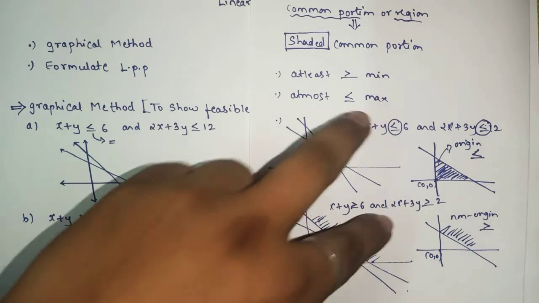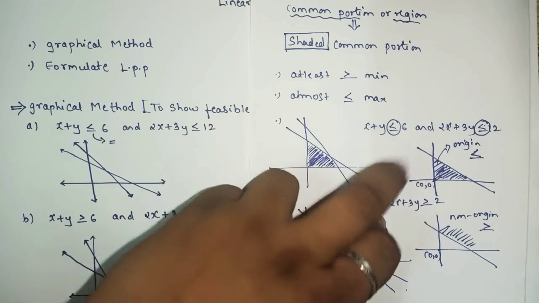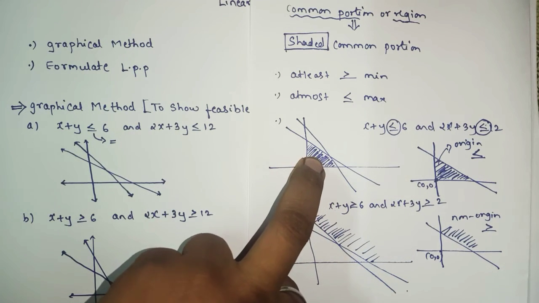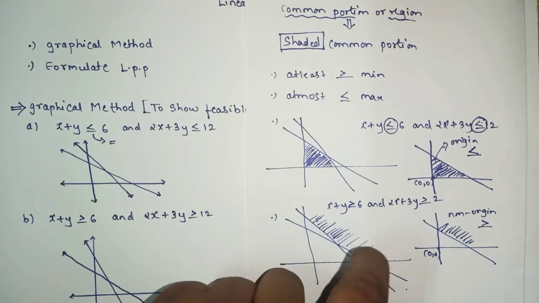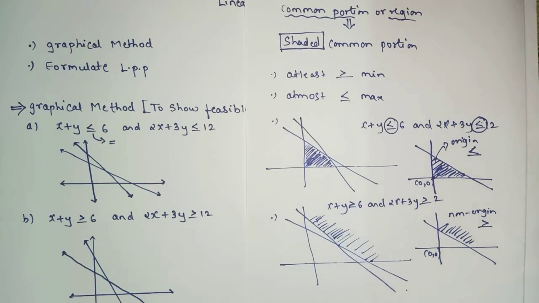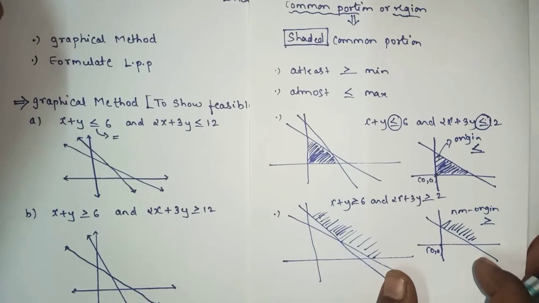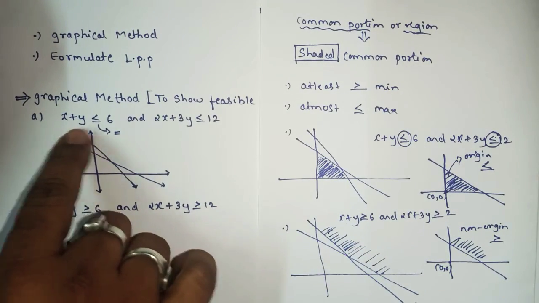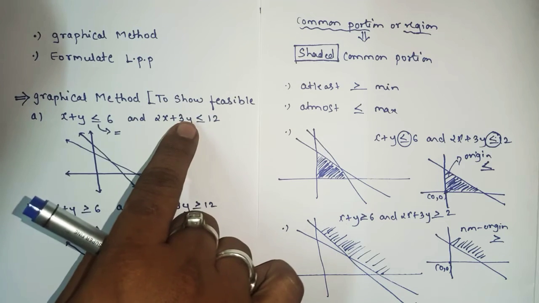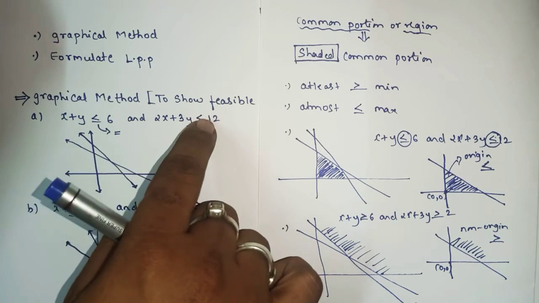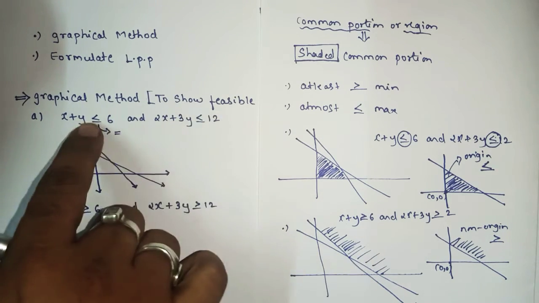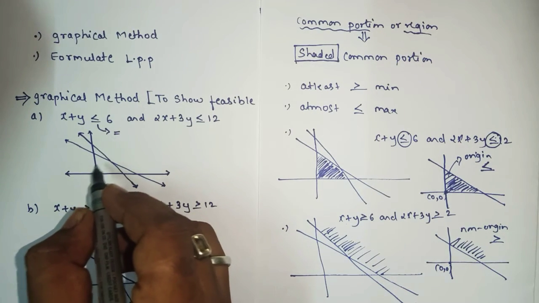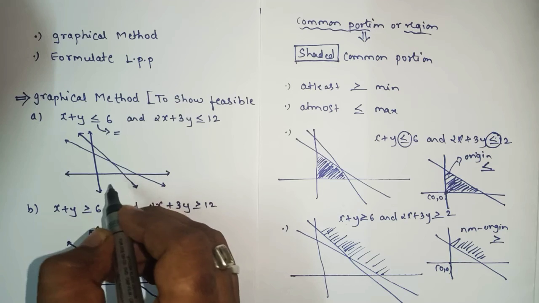Two important points: whenever it is less than, the common region will be inside. Whenever it is greater than, the common region will be outside. Okay, so here we'll see now, as clearly we can see that here we have two linear inequations, and both equations contain less than or equal to, which means the shaded portion, the common region, will come inside.